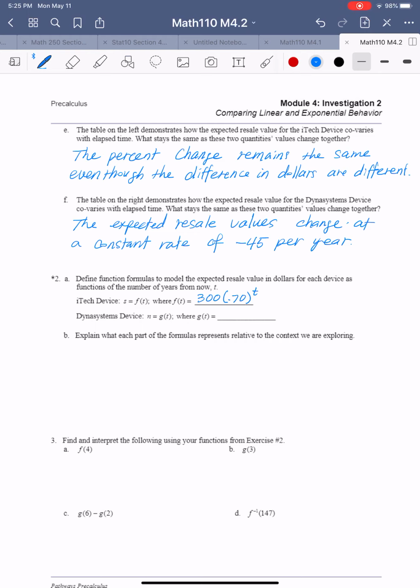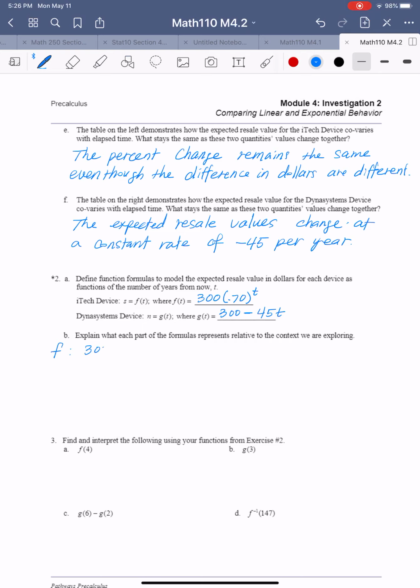But the Dyna system is linear, so we have to say you start with the 300 and subtract the $45 per year. So explain what each part of the formula represents relative to the context we are exploring. So as an iTech device, it's an f function.